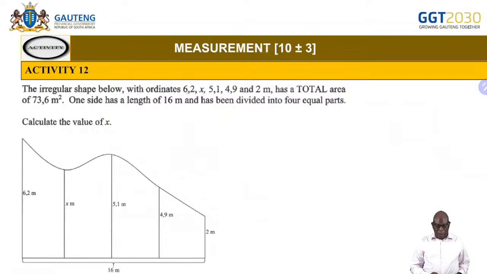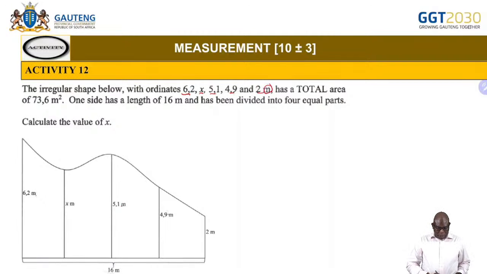We're given the ordinates, right? And they are in meters. Again, here the conversions are very, very important, because some of the ordinates might be given in millimeters, and then you haven't seen it, and you just mix millimeters and meters, and some in centimeters. So you must first check that the ordinates are given in the same unit.